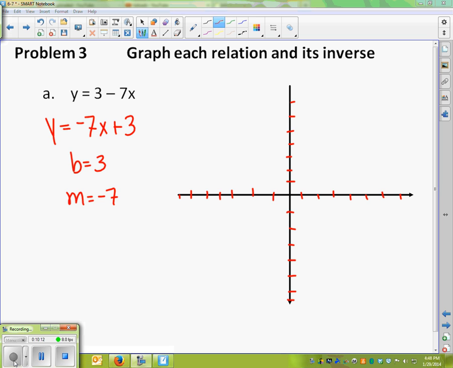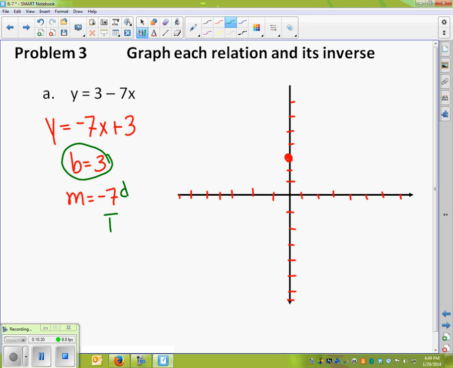I drew up my graph, so let's start. I start with my y-intercept of 3, 1, 2, 3. From that point, I travel my slope of negative 7 over 1.